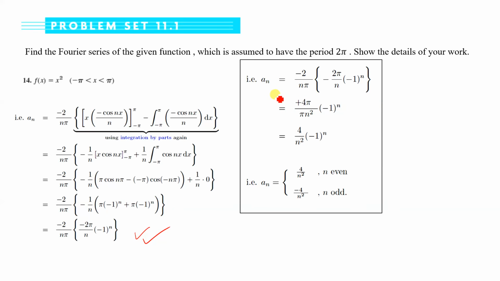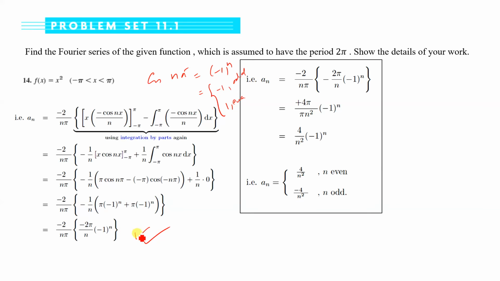For different values of n, we can find the values of a. As we have already discussed, cos of n pi is equal to minus 1 to the power n. That is, this is equal to minus 1 when n is odd and 1 when n is even.